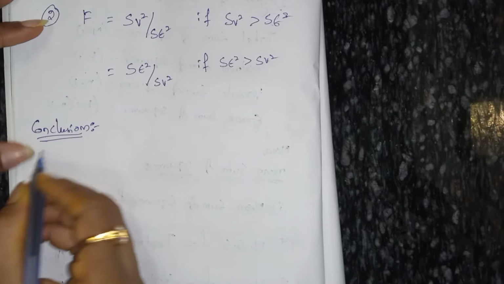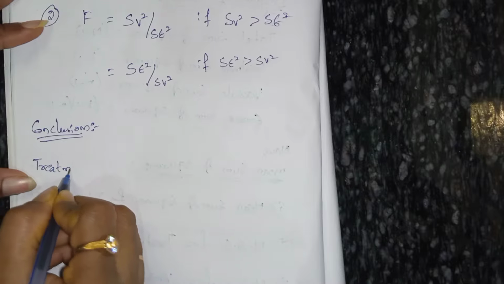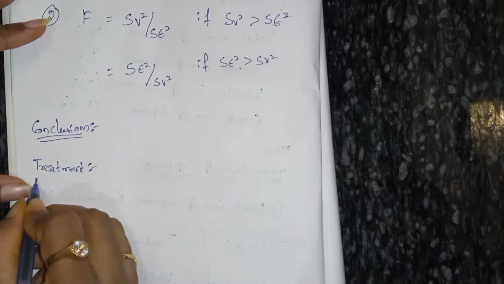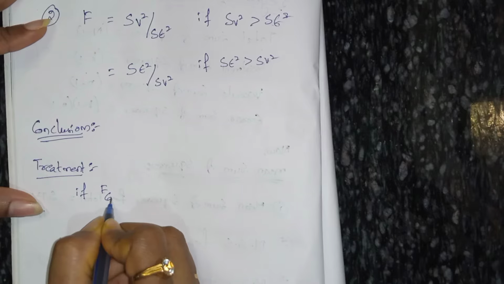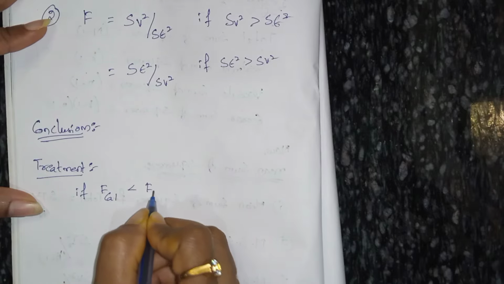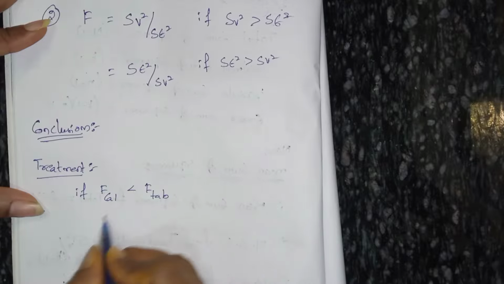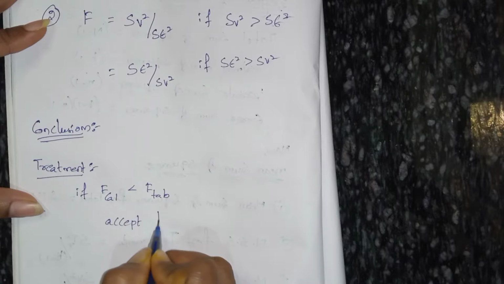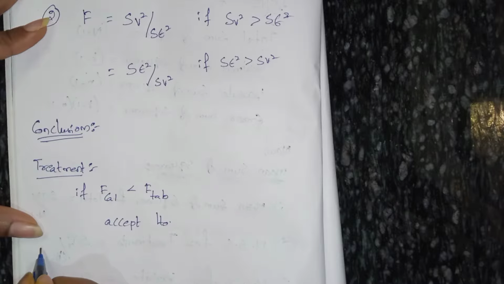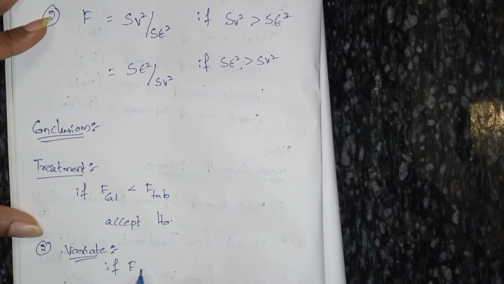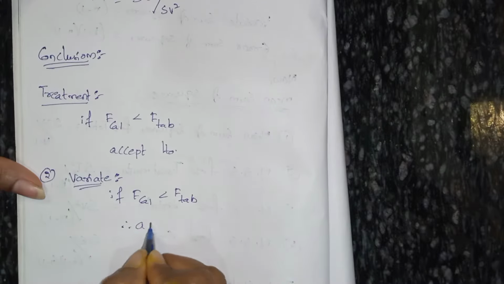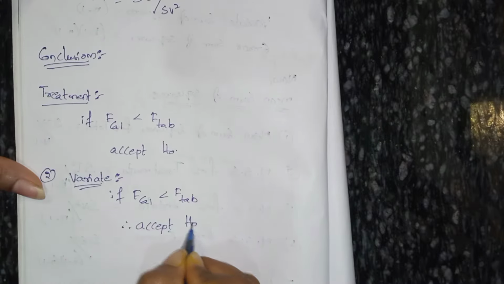First one is the treatment conclusion: if F calculated is less than F table, accept H naught, that means the null hypothesis. Next, the second conclusion is for variate, because this is two-way classification: if F calculated is less than F table, accept the null hypothesis. Okay, this is about Anova two-way classification.